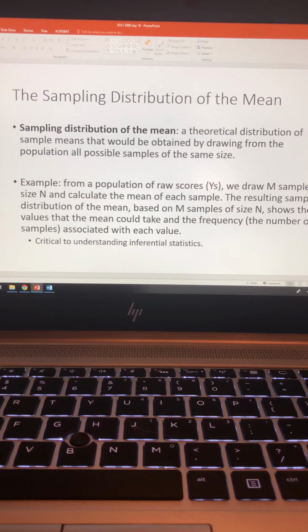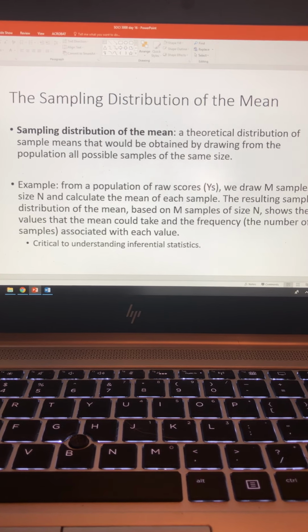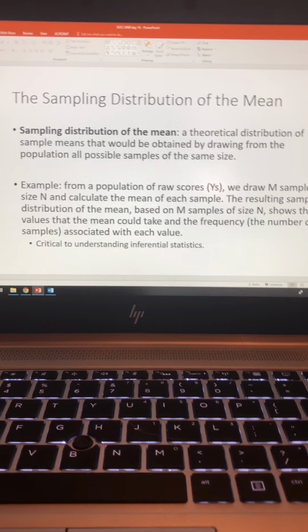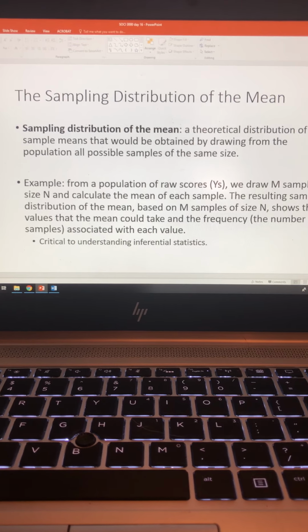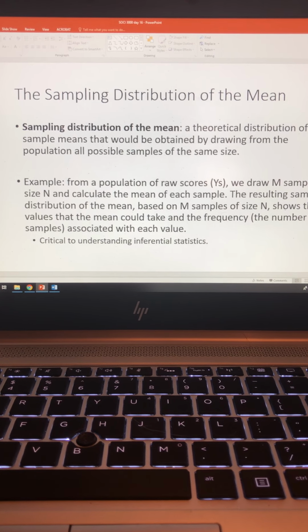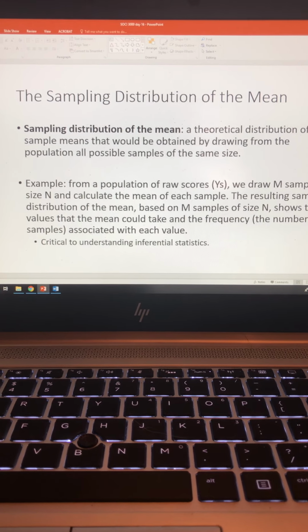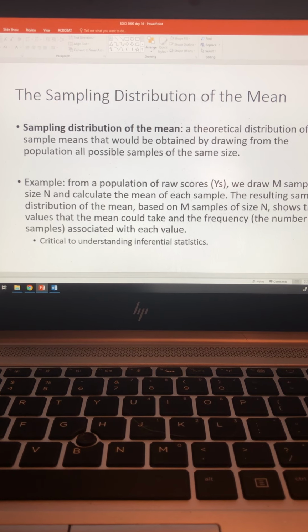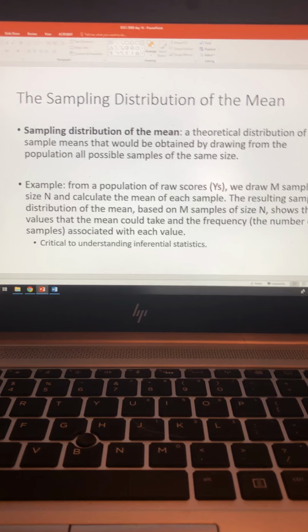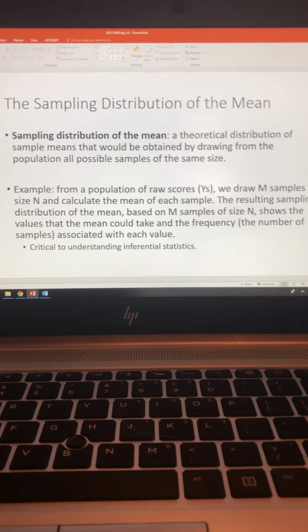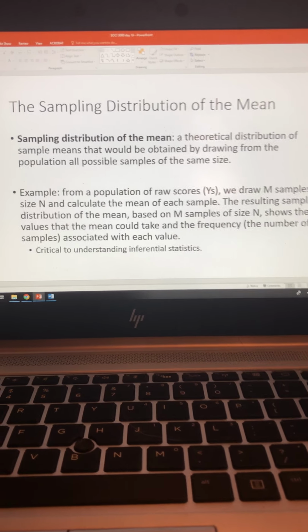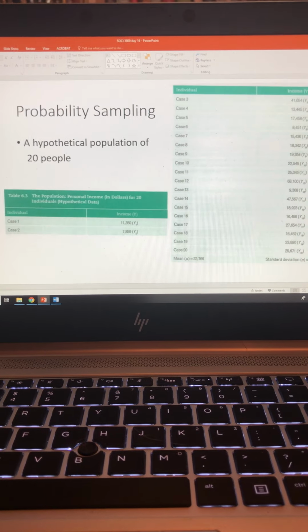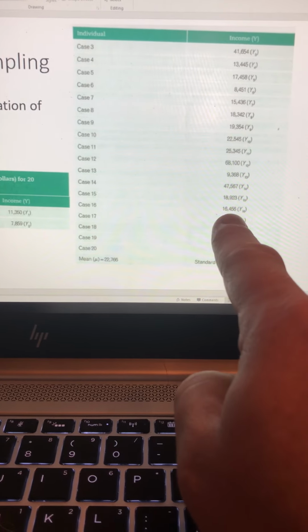So if we had this theoretical distribution of all the possible means that are obtained by drawing from the population, then you could imagine how we could plot a frequency distribution of sample means. That's the sampling distribution of the mean. It is basically a distribution of all these sample means. So again, we're not plotting individual values. Like here, we wouldn't be plotting these values themselves.